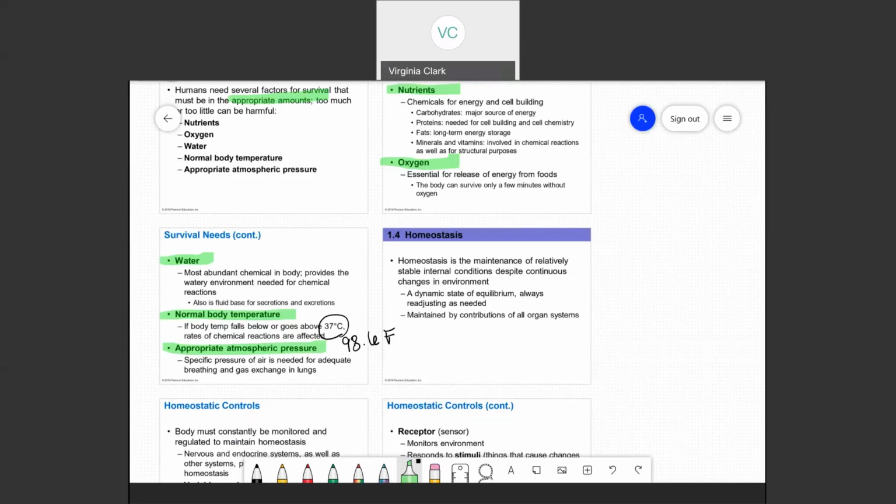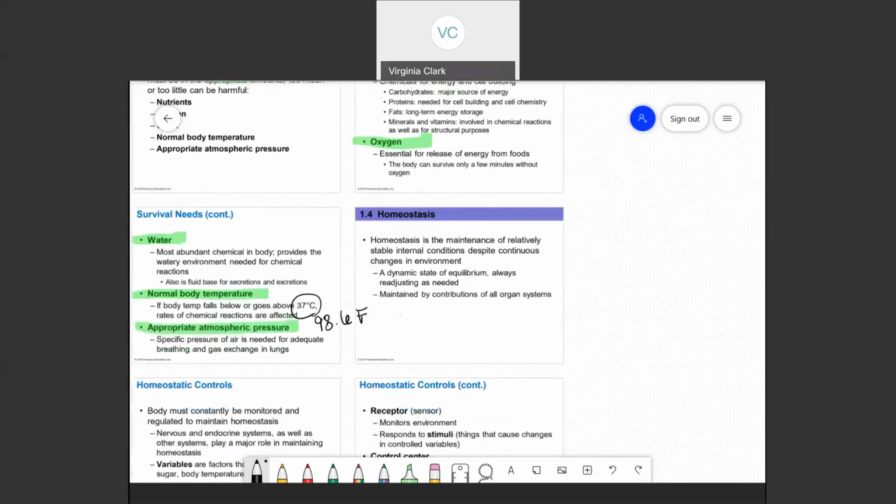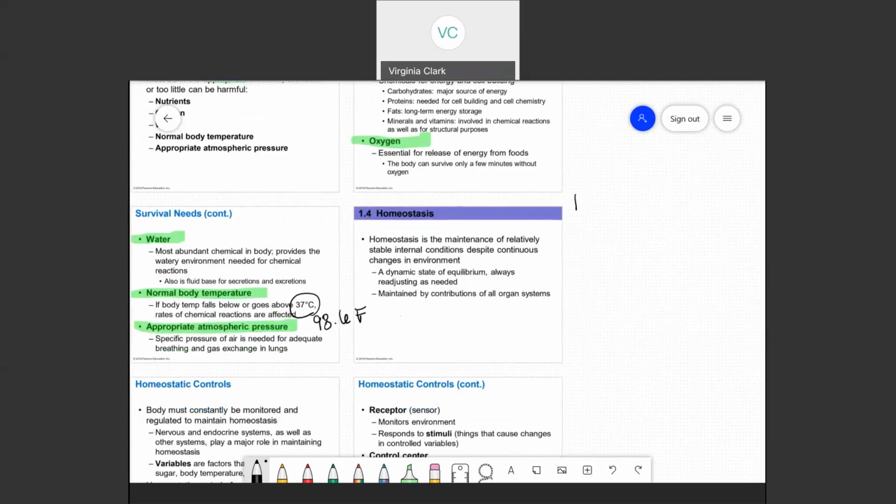Okay, 1.4 is the biggest takeaway of this section. So when we're looking at 1.4, again, this is where I would spend most of your time when you're reviewing this content. We are looking at the concept of homeostasis. So within homeostasis, this is going to be the ability for your body to maintain.